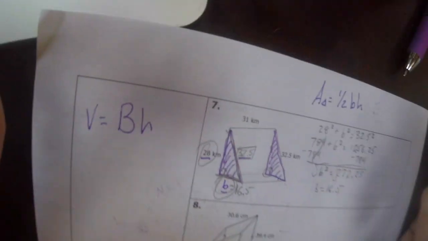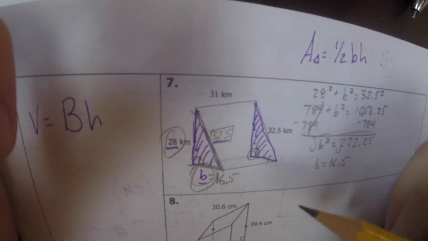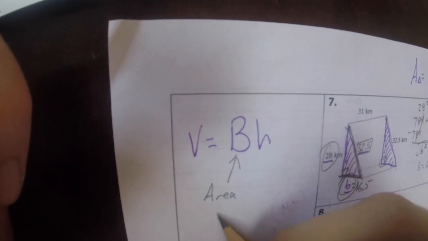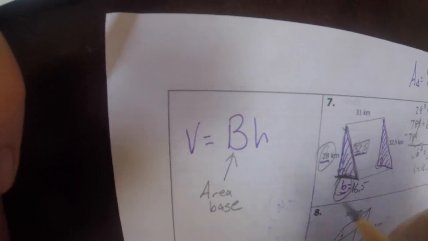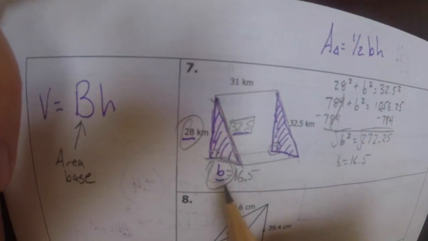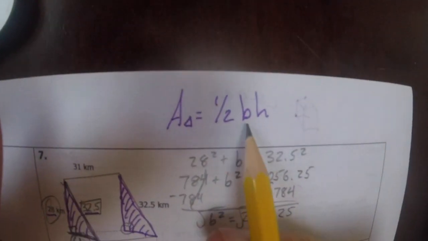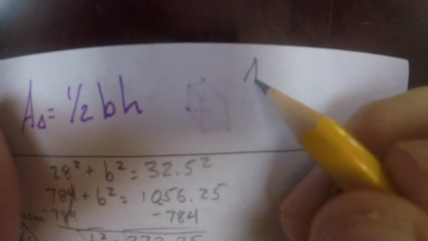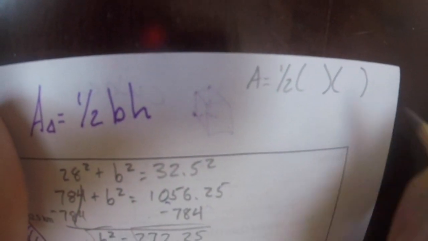That's just the base. I know there's a lot of steps here. That's just the base of this triangle. Remember, I need to find the area of the base and multiply that by the height, which is the space between the bases. So what's the area of this triangle? Now I can figure that out since I have the base down here. Area is 1/2 of the base times the height. I'm gonna work up here since I'm running out of room. 1/2 base times height.